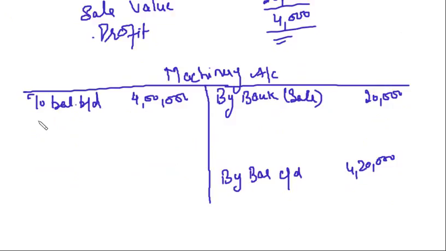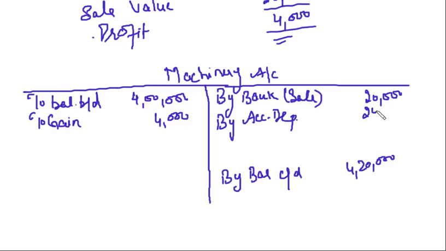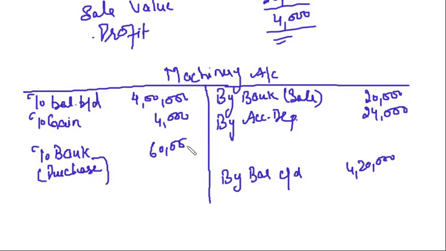So we'll record profit 4,000 to gain, and we are given the accumulated depreciation of 24,000. Clear? Anything else? This is all regarding machinery account. So we can calculate the balancing figure as purchase. This is 60,000. This is the balancing figure. Clear?